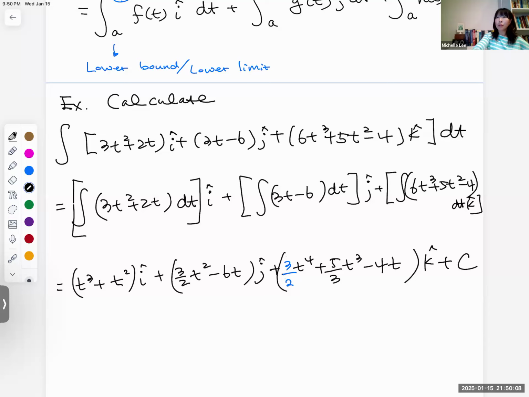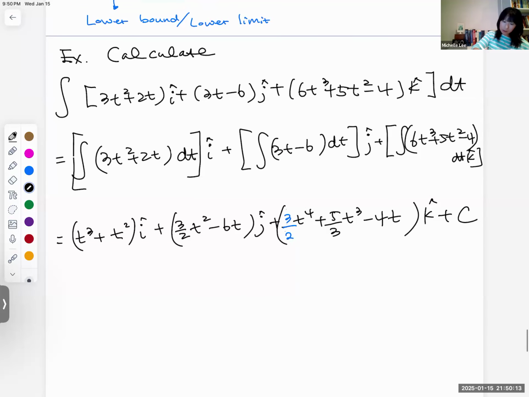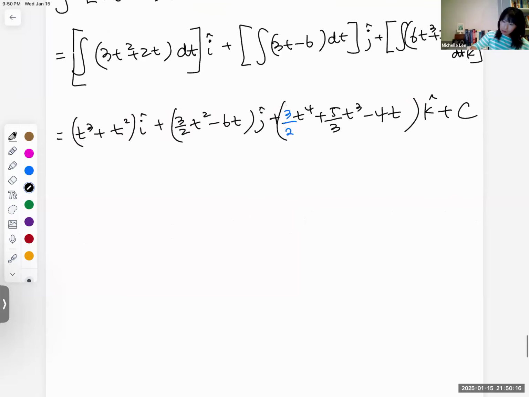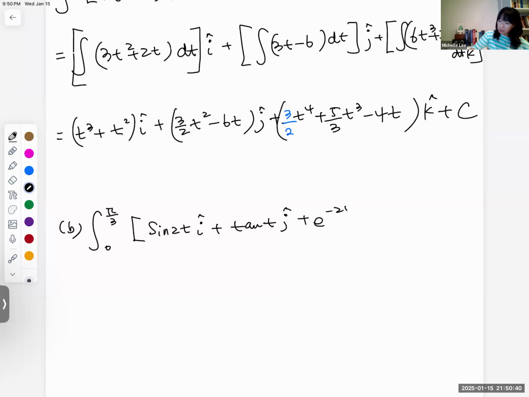Okay, let's try this one. This is the first, second. We have the integral from 0 to pi over 3 of sine 2t i hat plus t j hat plus e to the negative 2t k hat dt.